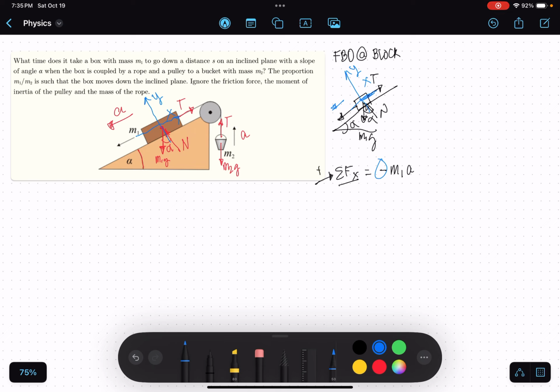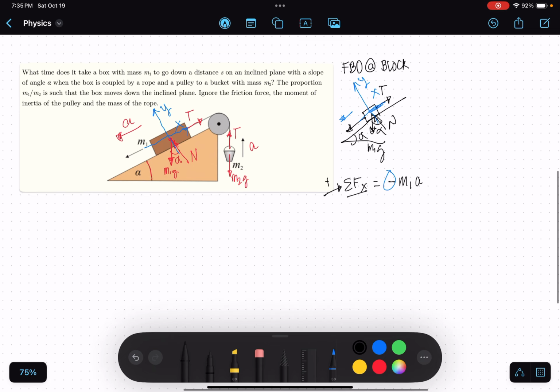Ano yung mga forces along X based doon sa free body diagram natin? So una, we have the T, which is positive, kaya T lang, minus yung component ng weight along the x-axis. Now, kung titignan mo, yung component ng weight along the x-axis, ito siya.